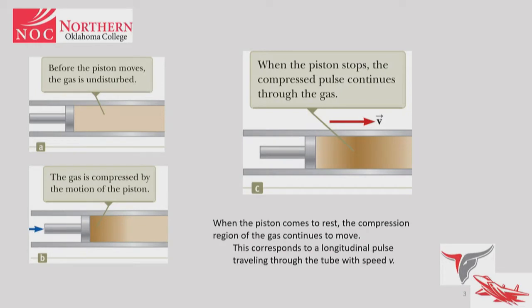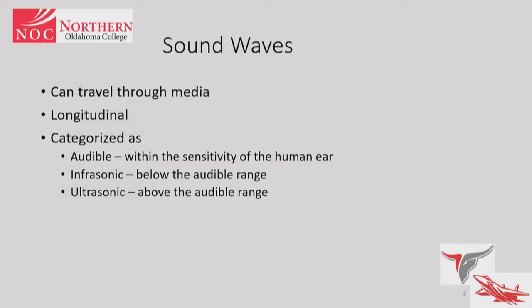So, sound travels as a longitudinal wave. We categorize sound as audible, what we can hear, infrasonic, those sounds at frequencies lower than we can hear, and ultrasonic, those sound frequencies that are above what we can hear. Think dog whistles.